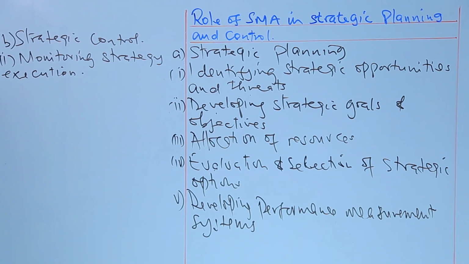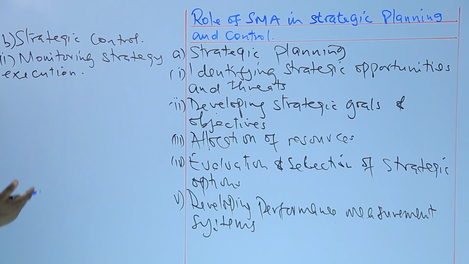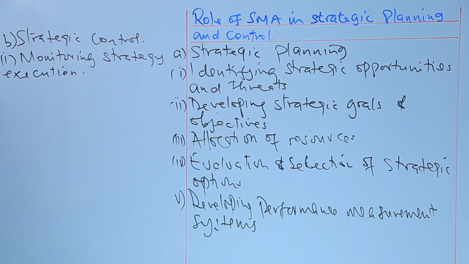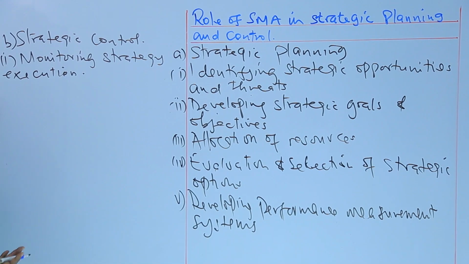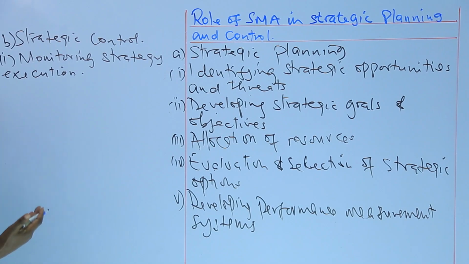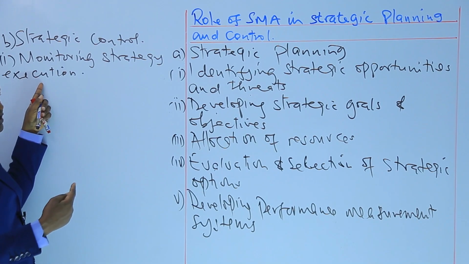Now, candidates, SMA provides real-time data and insights into the implementation of strategic initiatives, thereby enabling organizations to track progress, to identify deviations, and adjust course as needed. So it is through strategic management accounting that an organization can monitor the execution of a strategy.